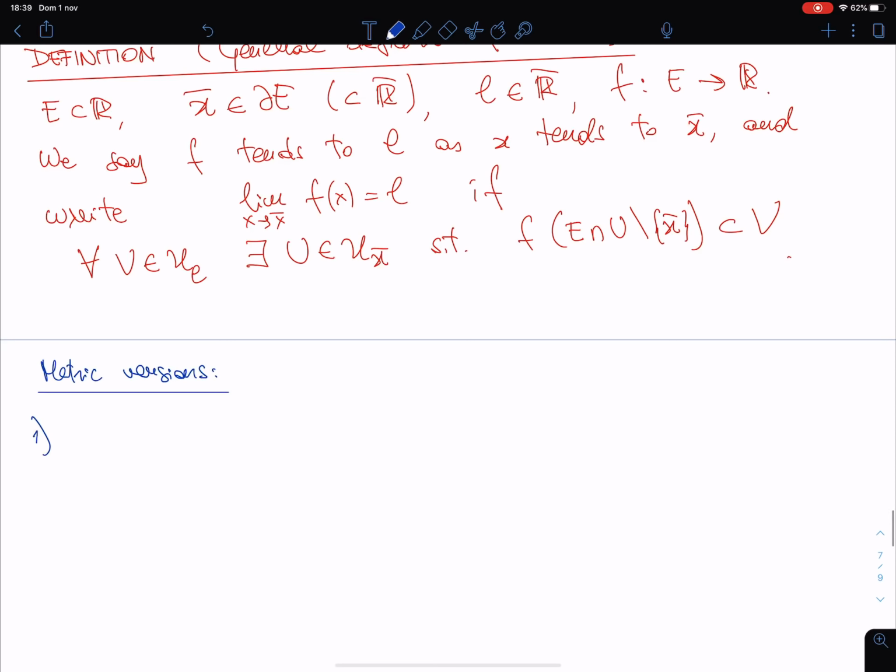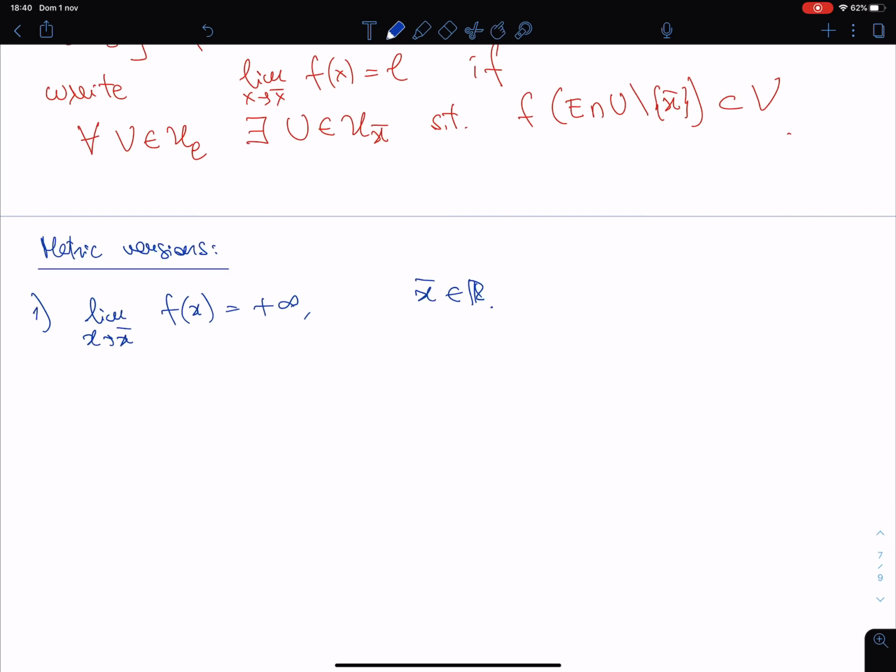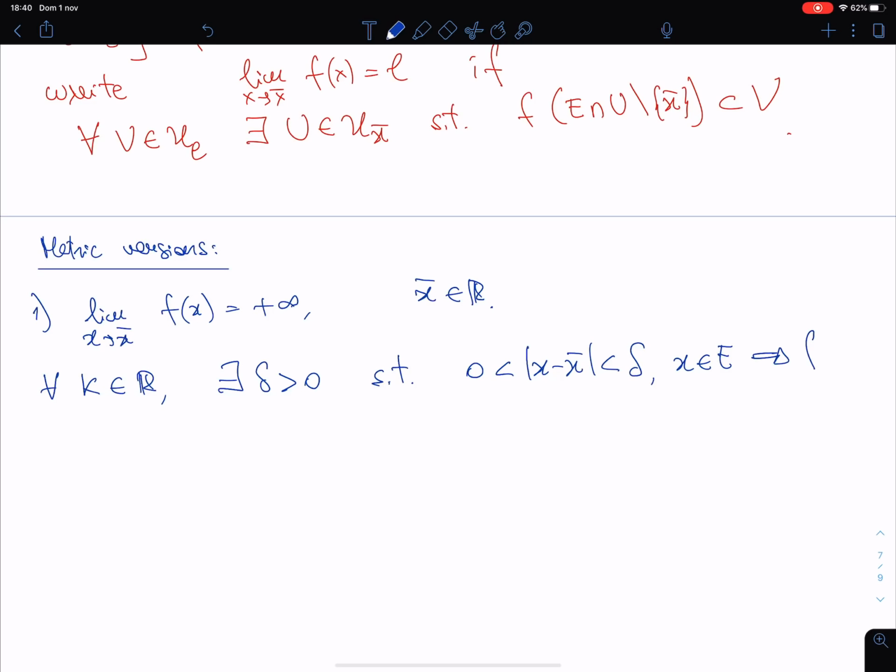First, the limit for x going to x bar of f of x is equal to plus infinity, and x bar is in R. So f is diverging positively, so we have to say for every k in R, there exists delta larger than 0, such that whenever x is not x bar, closer than delta to x bar, and x in E, then f of x is larger than k.